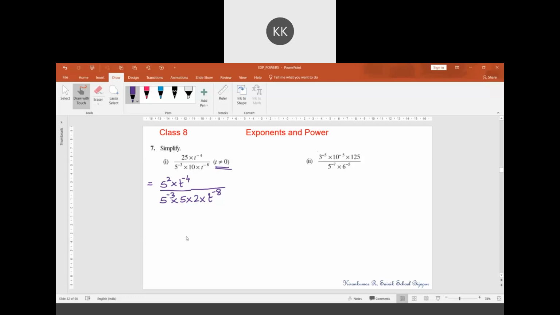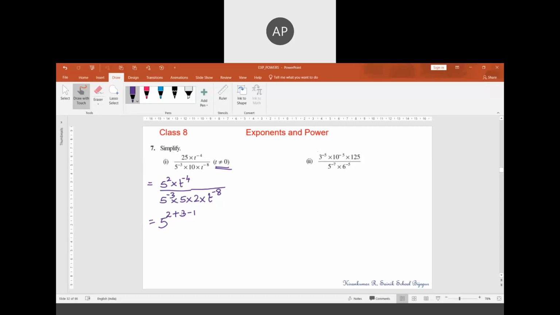Yes, how do we apply the exponential laws here? Shall I write it directly? 5 to the power 2 plus 3 minus 1. Correct? Yes, sir. This is plus 2. This denominator is minus 3.